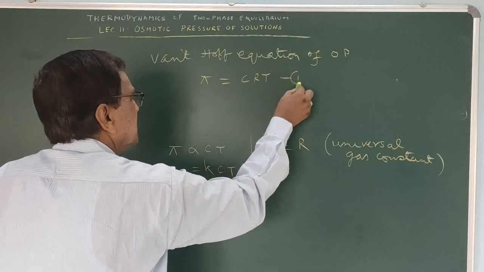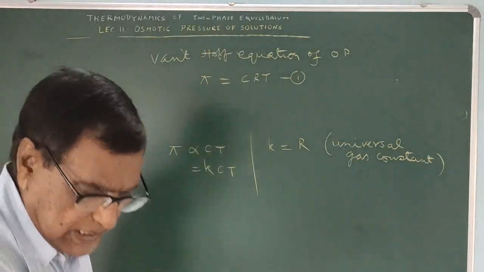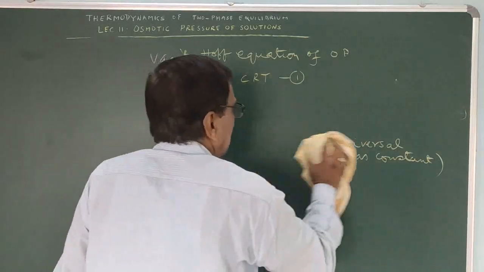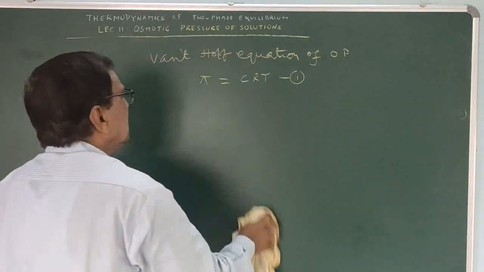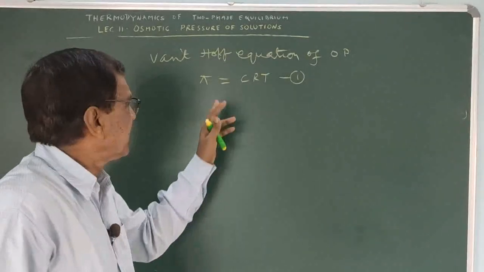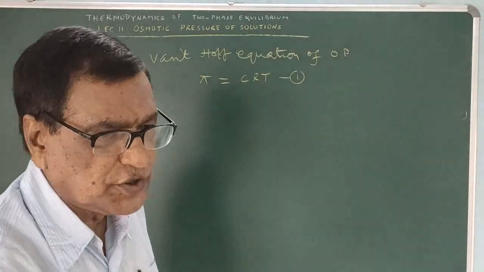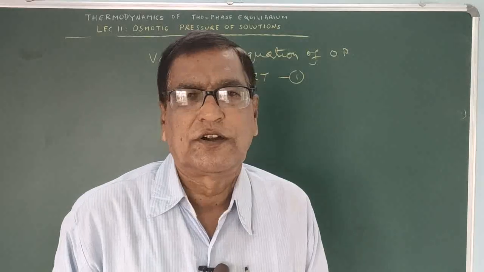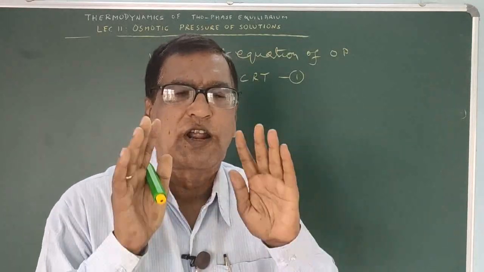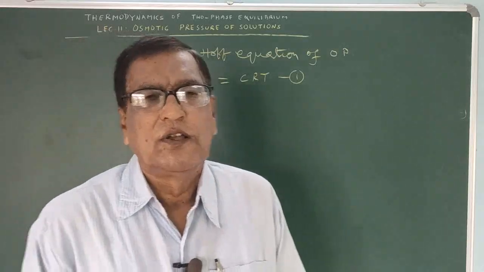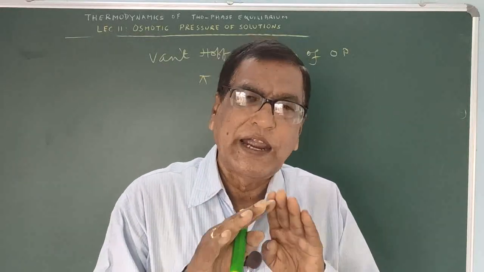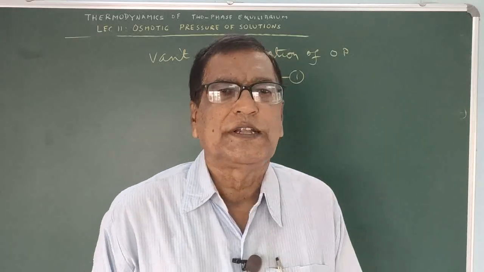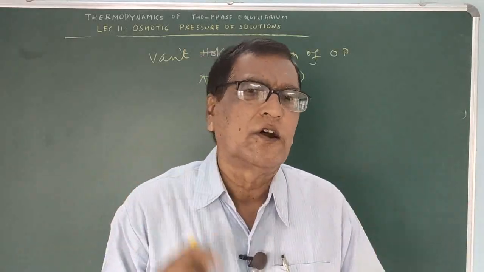This is equation number 1. If you know the concentration and temperature, then you can calculate the osmotic pressure of the solutions. This equation is valid for ideally dilute solutions, and the solute is non-electrolyte and non-volatile.